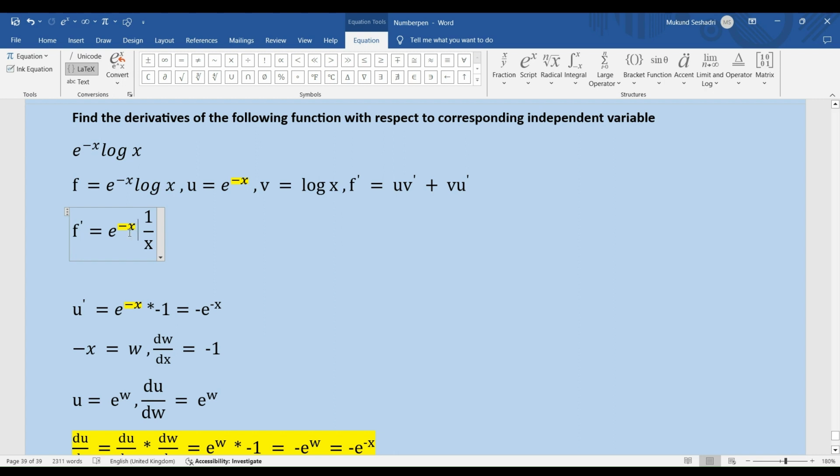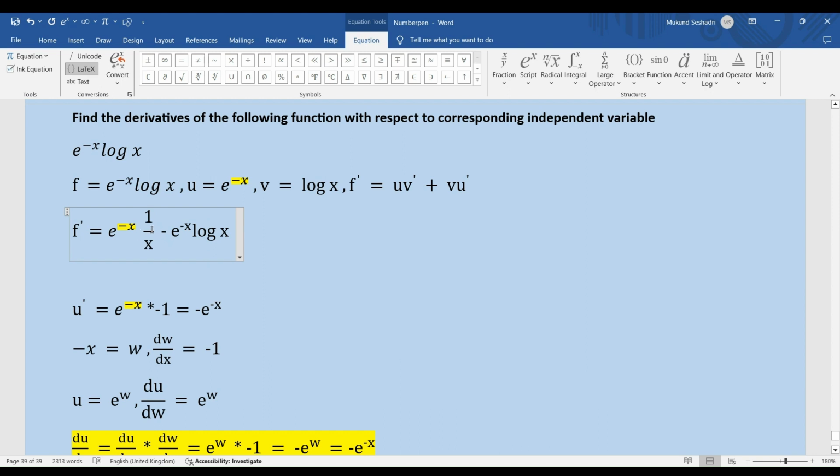So I have my d by dx of log x equal to 1 by x, and then I apply plus log x, which is my v, into u dashed, which we just calculated as minus of e to the power minus x, right? So I rewrite this like this.